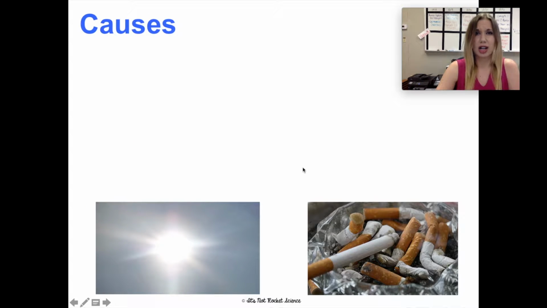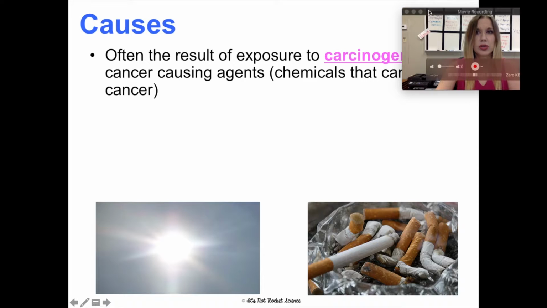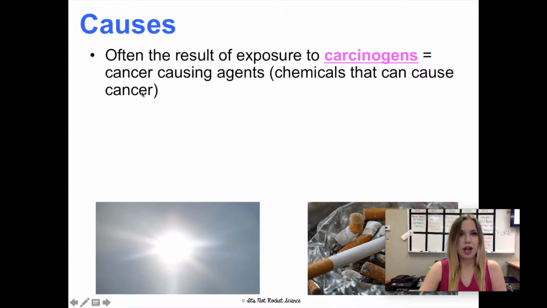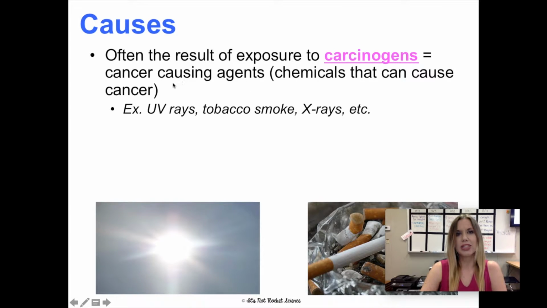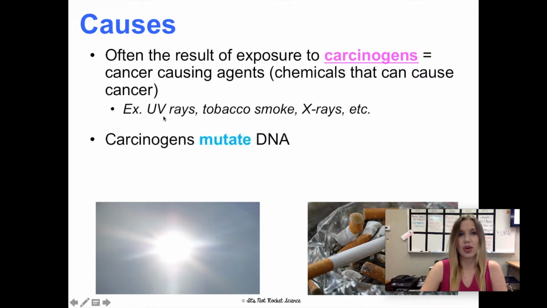So what are the causes of cancer? Cancer occurs often as the result of exposure to carcinogens. Like I said earlier, carcinogens are just cancer-causing agents, which are chemicals that can cause cancer. Some examples are UV rays from the sun. That's why it's super important to wear sunscreen, because those rays are going to mutate our DNA.